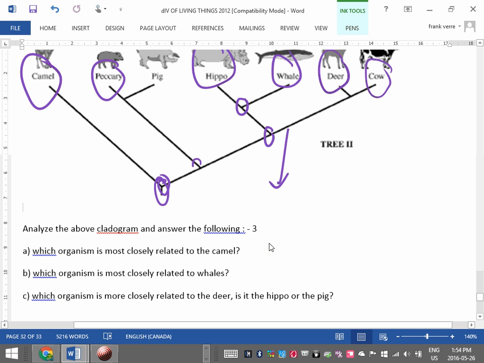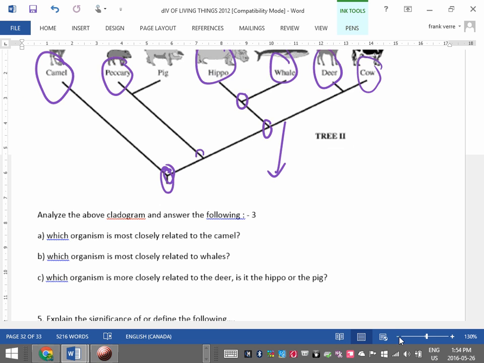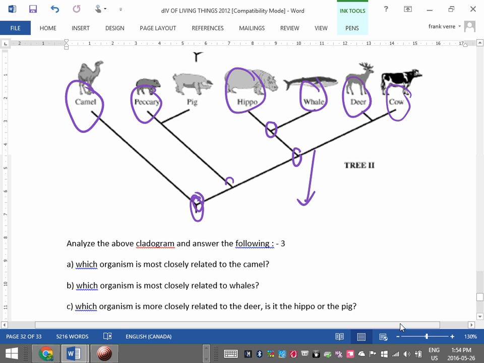Now, this question gave kids some trouble, but I'm predicting it probably won't give you guys trouble. Not because you're better, just because I think we've spent a bit more time looking at these trees. So, which organism is most closely related to the deer? Is it the hippo, or is it the pig?